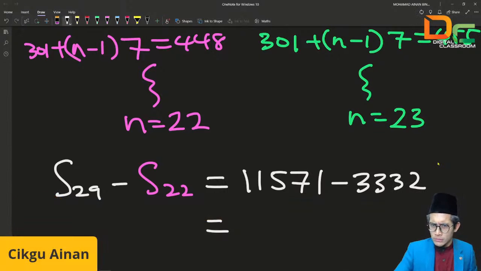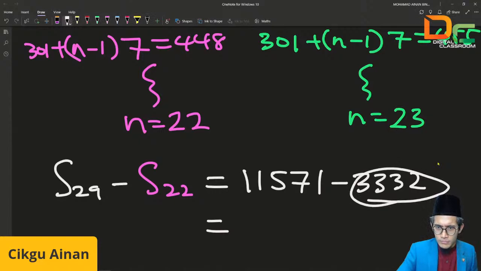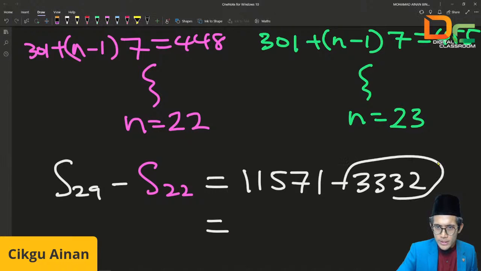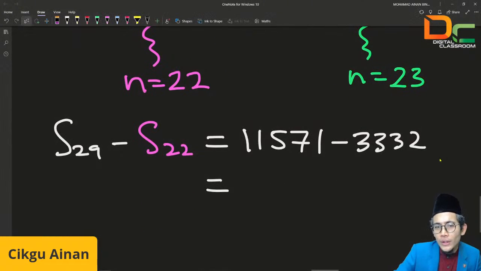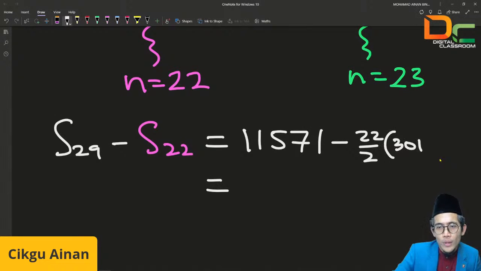Okay, and then are you sure this one too small, isn't it? Sure, because S22 is 22 over 2, 301.